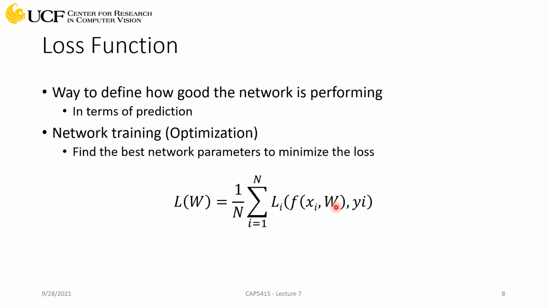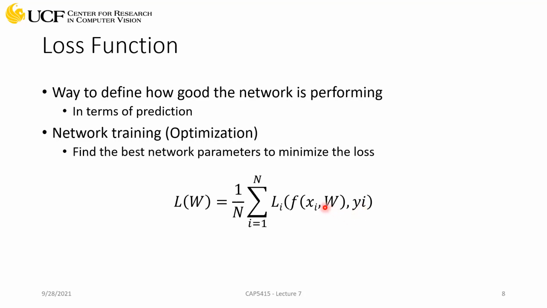That's represented using W. So for a given set of network parameters and any input sample, we pass this to the function F and it will make some prediction. For example, given an image of Apple, it will say whether it's Apple or fish or something. That's called network prediction. And this yi over here is the actual ground truth. So if it's an image of Apple, this yi says Apple.